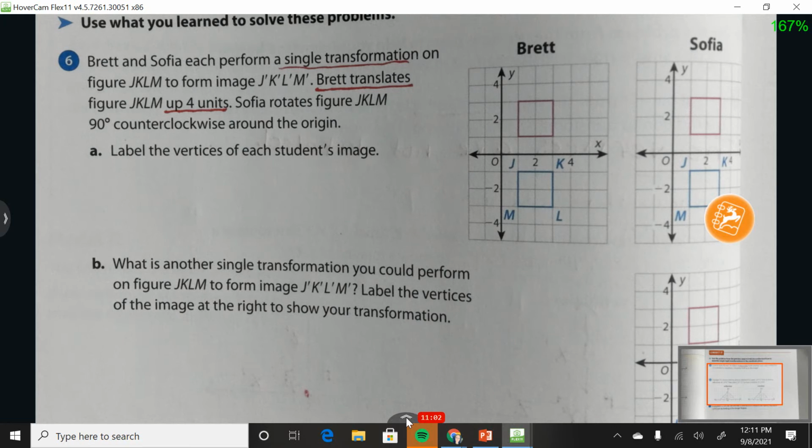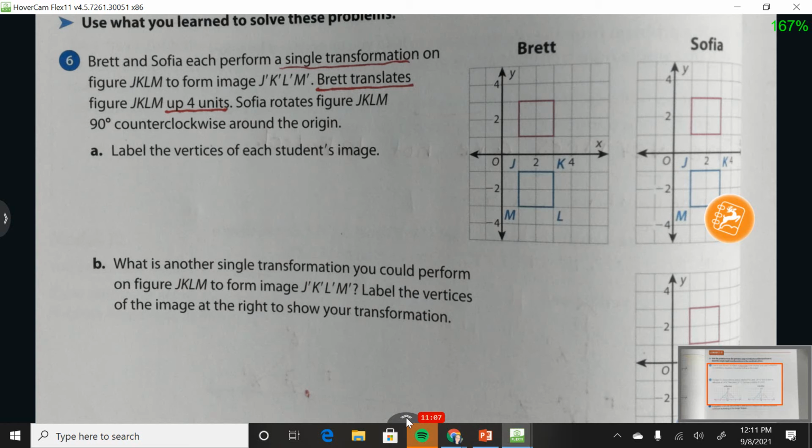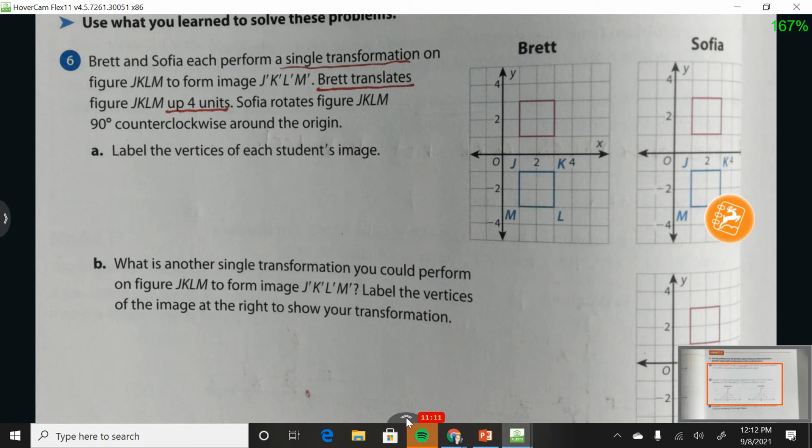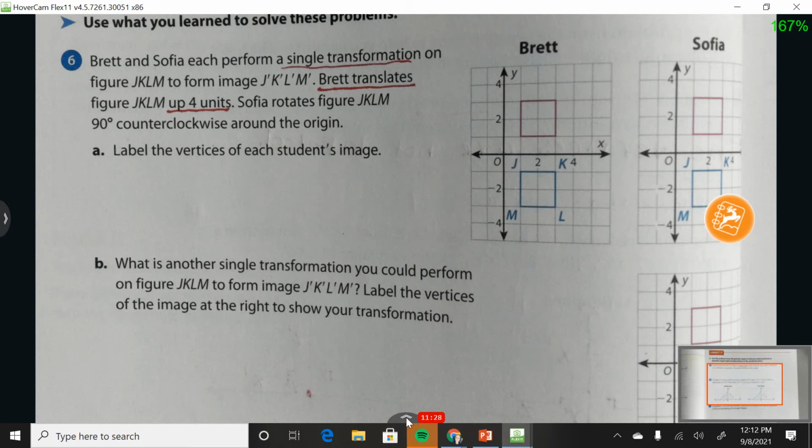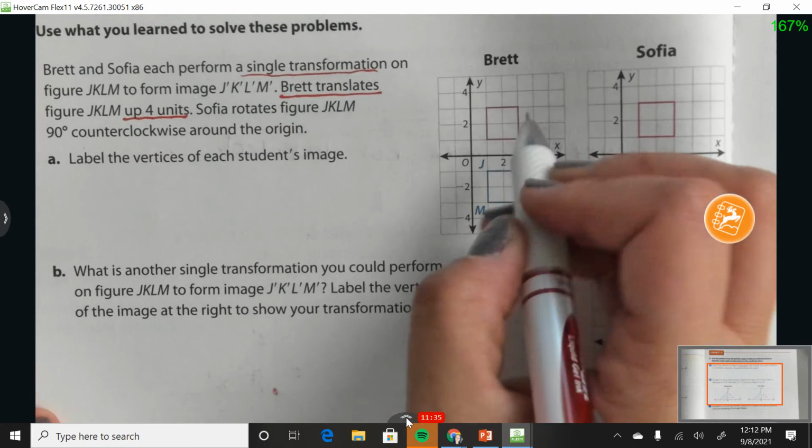Translated 4 units up. All right, 4 units up.